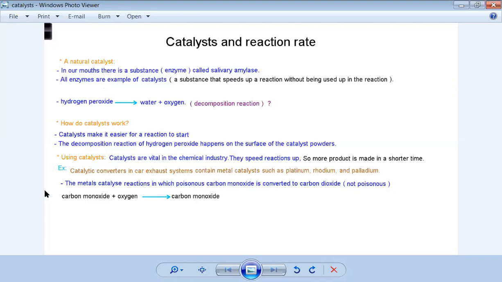The reaction took place on the surface of the crystal powders, which are the catalyst. In this case, they started the reaction and made it easy for the hydrogen peroxide to react. Where can they use the catalyst?